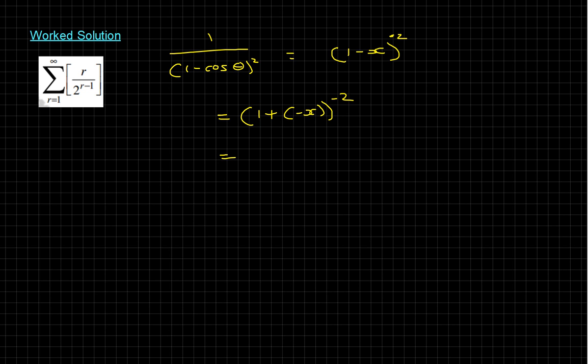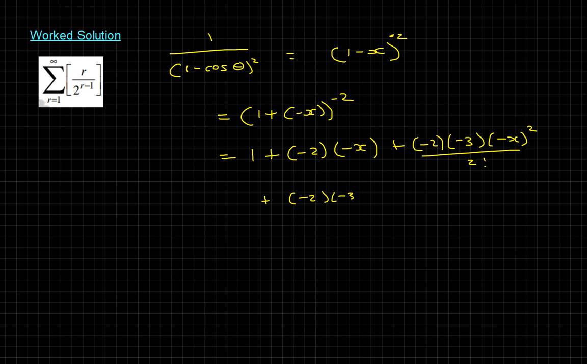So that's going to be 1 plus n times x, or specifically minus x in this case, plus n times n minus 1 times the minus x squared all over 2 factorial. Let's just do a couple more. We've got minus x cubed all over 3 factorial. Actually, I'm not going to do a couple more, that'll do.